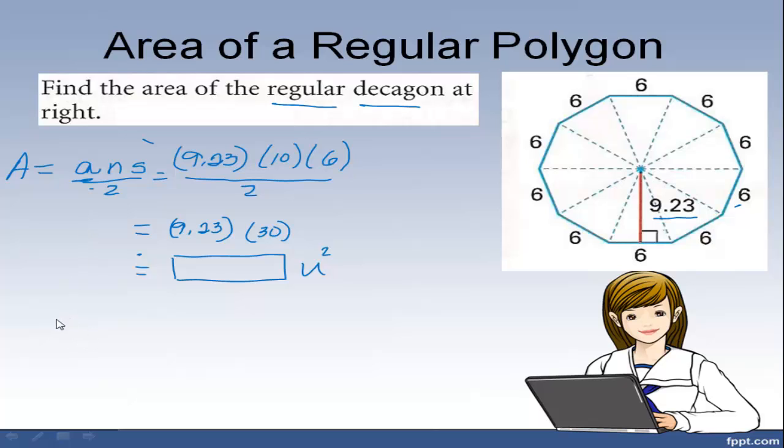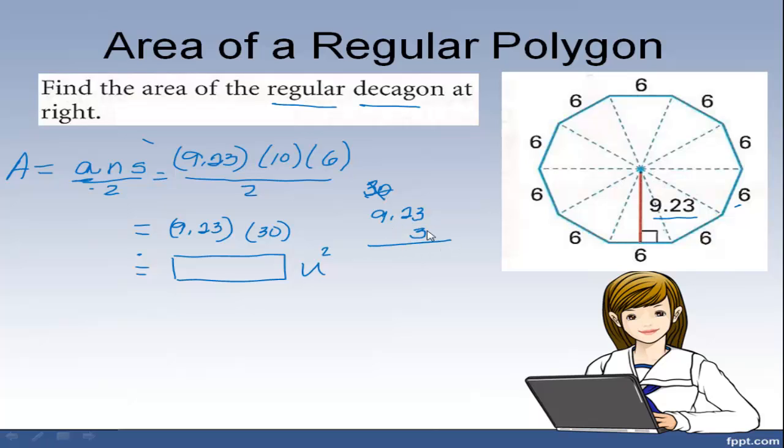Let me show you. I'm going to multiply these two because I don't want to give values that are not valid for your figure. I don't want to make up a number.